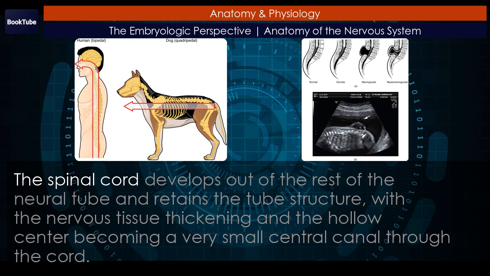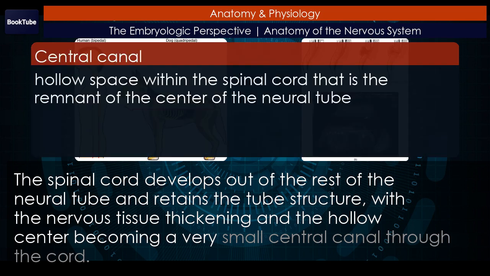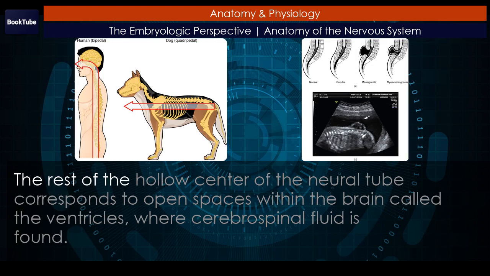The spinal cord develops out of the rest of the neural tube and retains the tube structure, with the nervous tissue thickening and the hollow center becoming a very small central canal through the cord. The rest of the hollow center of the neural tube corresponds to open spaces within the brain called the ventricles, where cerebrospinal fluid is found.